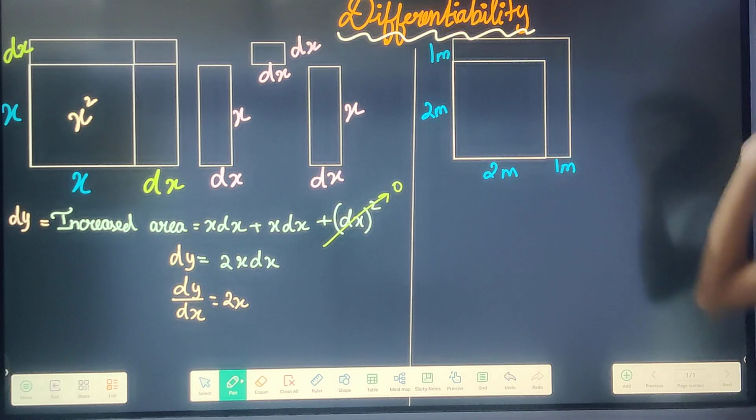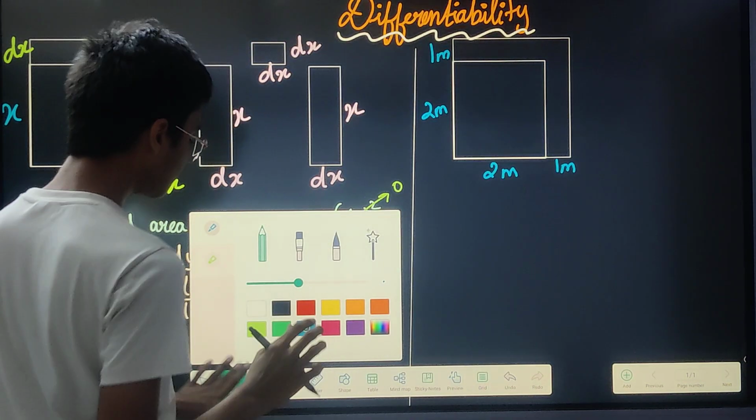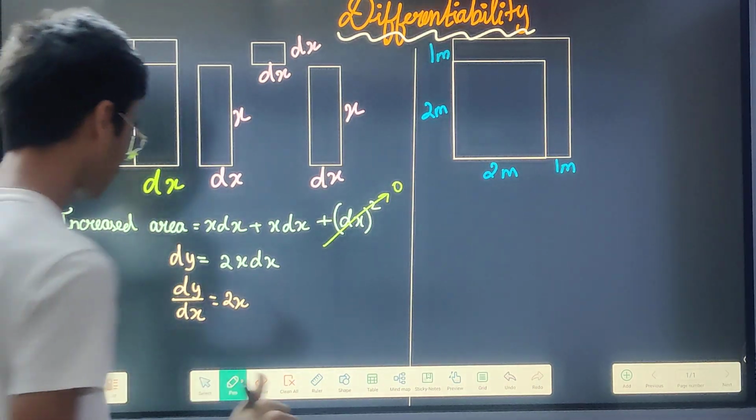Now we will calculate the increased area. It is very simple, but this method only you are supposed to use. Other than this method you are not supposed to use.